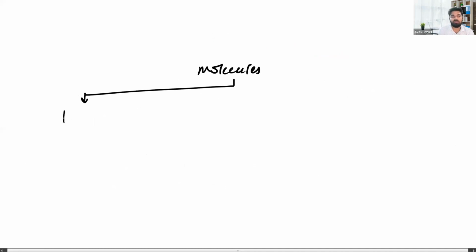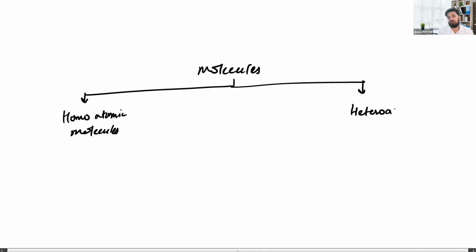One is the homoatomic molecule, and another one is the heteroatomic molecule. What is a homoatomic molecule? Homo means same and hetero means different.